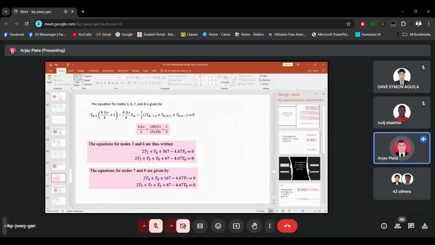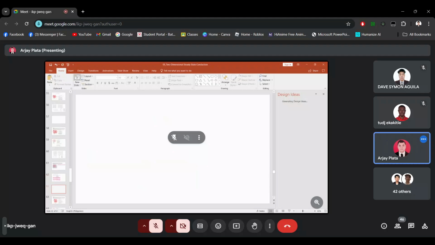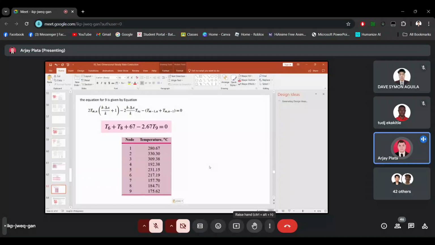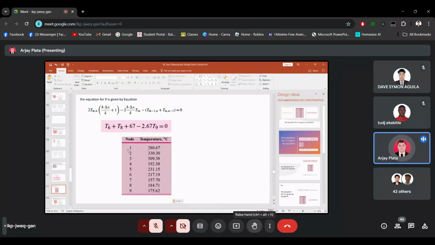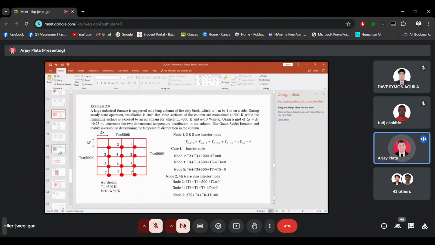You'll just have to study how it was solved. And this one is our final answer: the node temperatures. Kindly also study this one. I will save it for your future use.